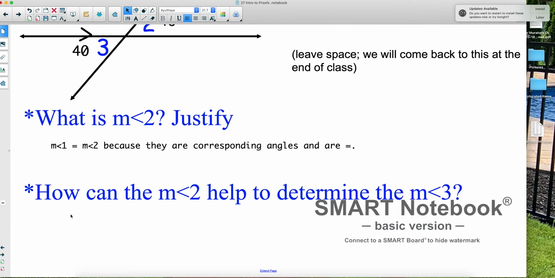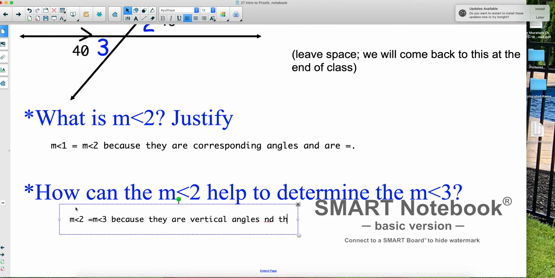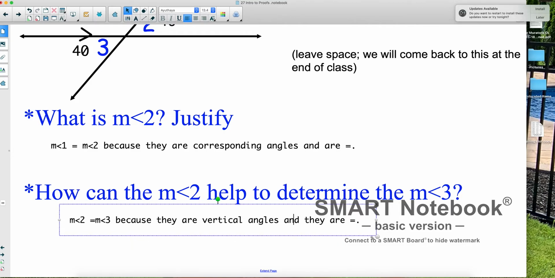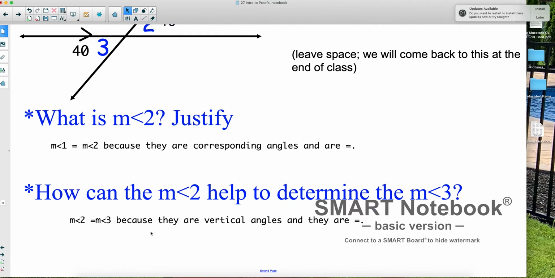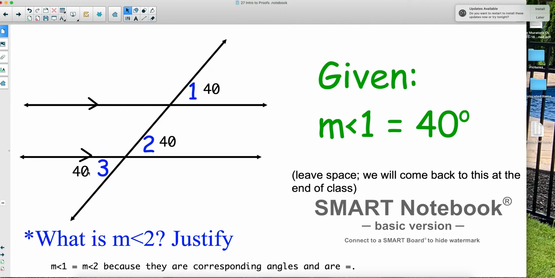So the measure of angle 2 must equal the measure of angle 3 because they are vertical angles and they are equal. So now we know that that is also 40 right there.